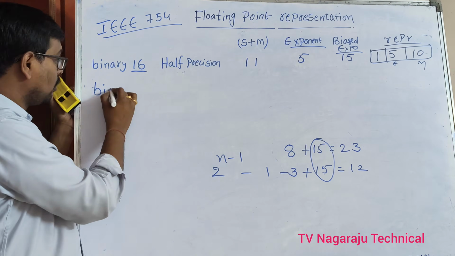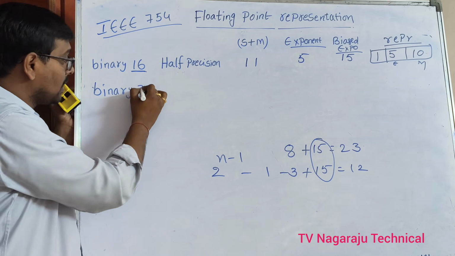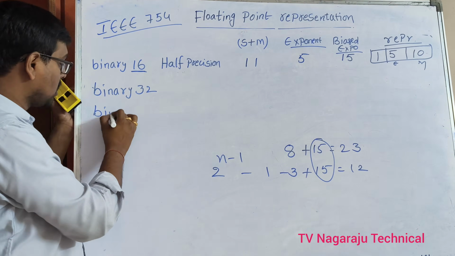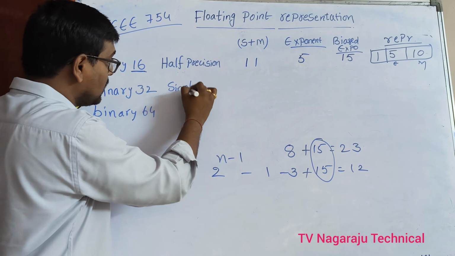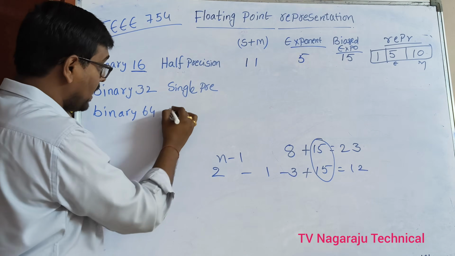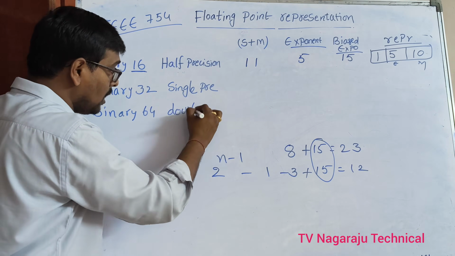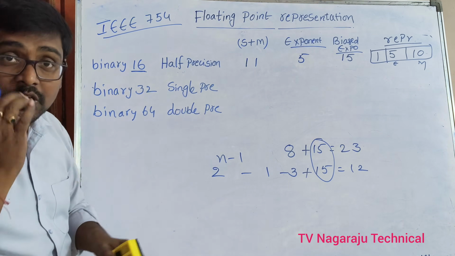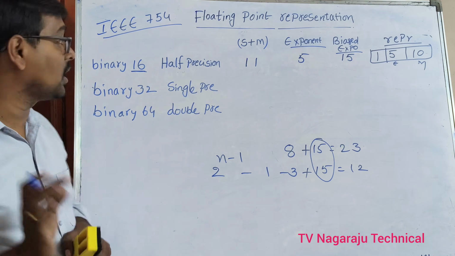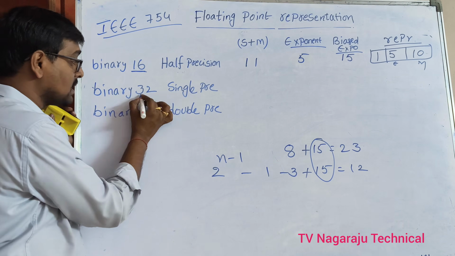Now we are moving to the most important ones, 32 and 64. Here 32 is called single precision and 64 is called double precision. Now what is the size?